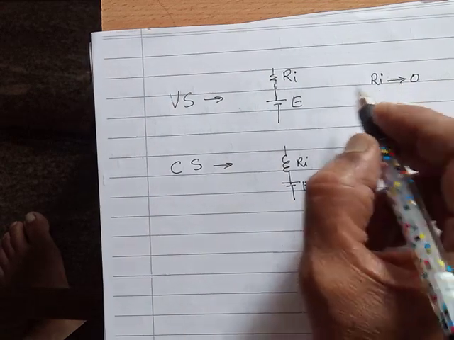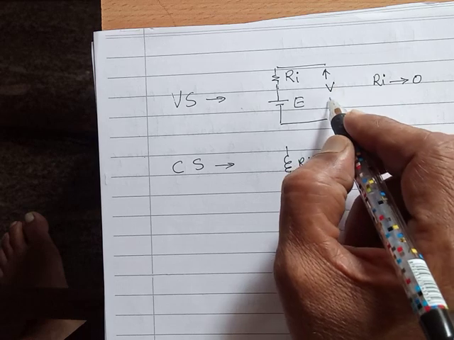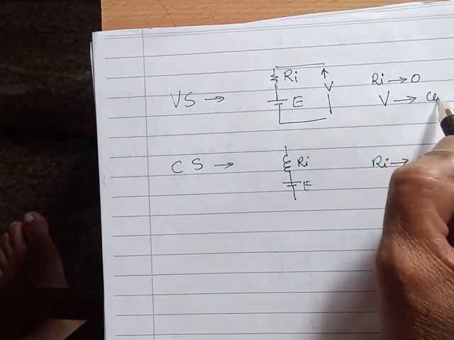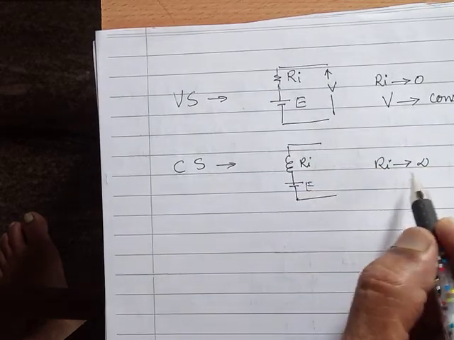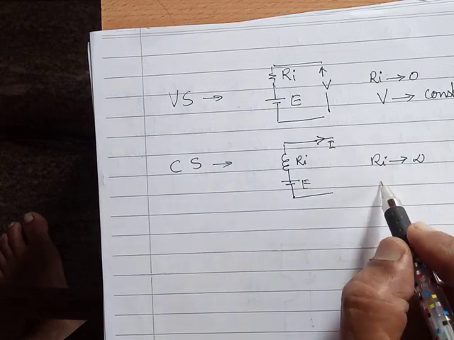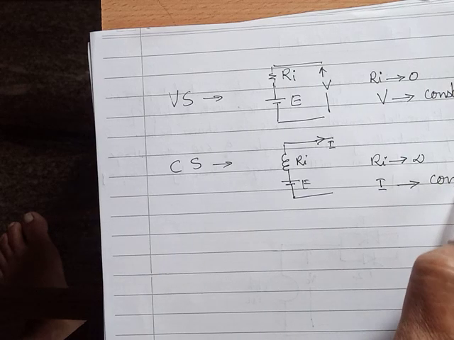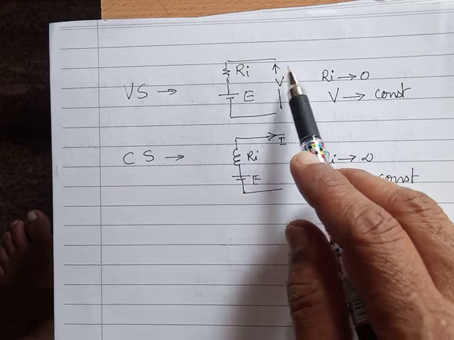And because of this, the terminal voltage remains almost constant. And because of this particular feature, if the current is I here, the current I remains almost constant, independent of what load we connect here.